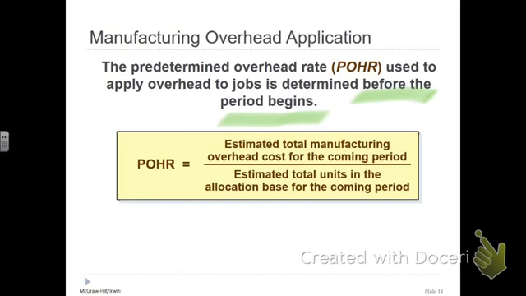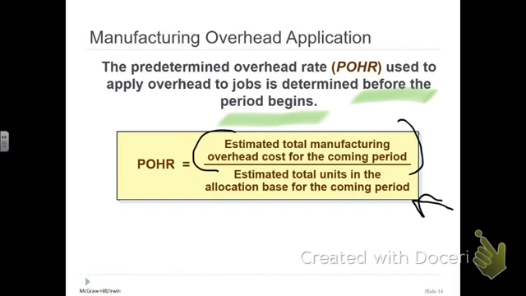The reason they needed that is because they needed some sort of estimate of the total manufacturing overhead cost for next year. So before the year starts, they have to put all those costs up there. And then they have to estimate the total number of units that we're going to produce.